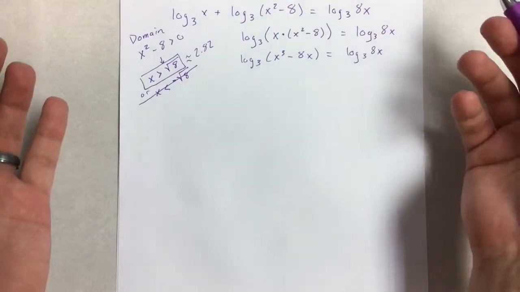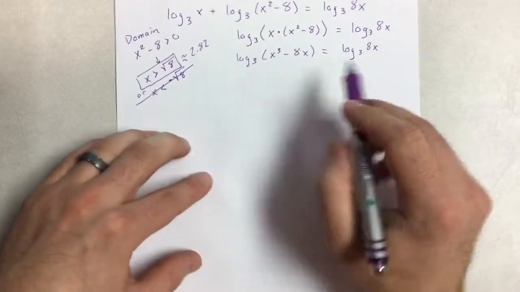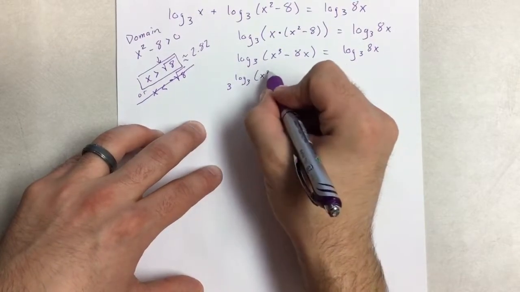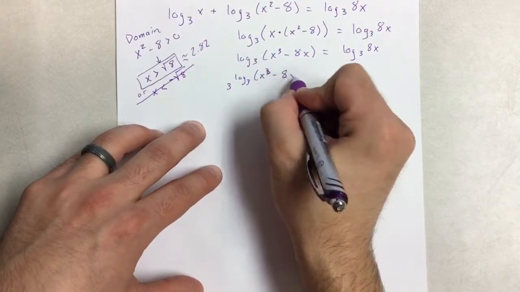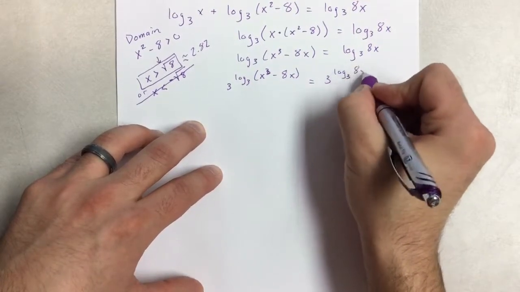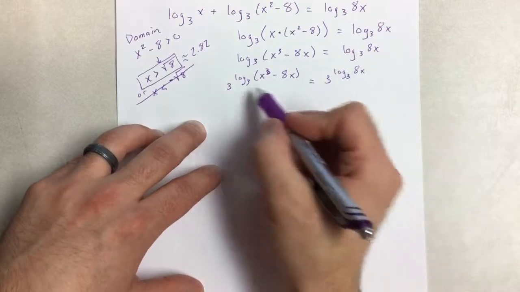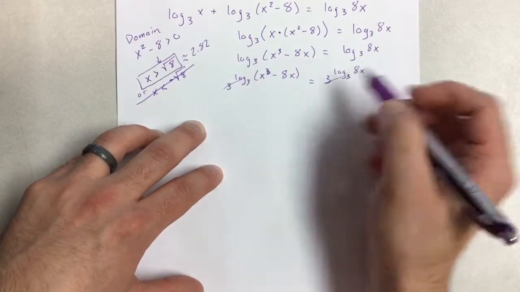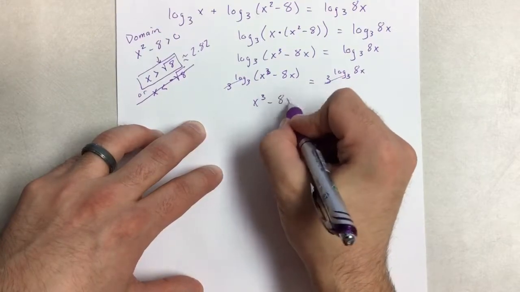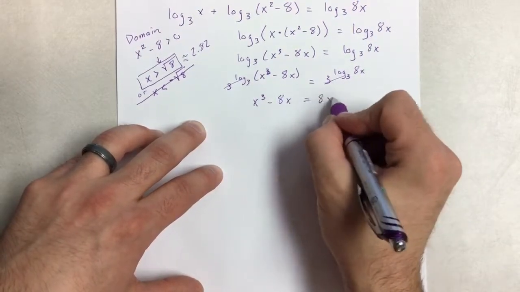Now I'm going to exponentiate both sides using 3. Logs will cancel, leaving us with x cubed minus 8x equals 8x.